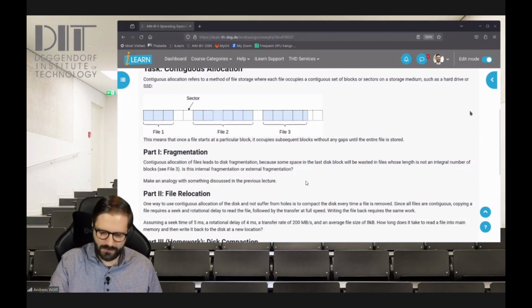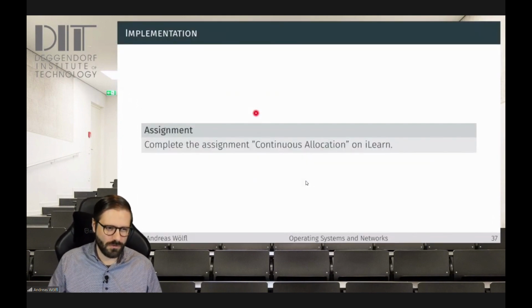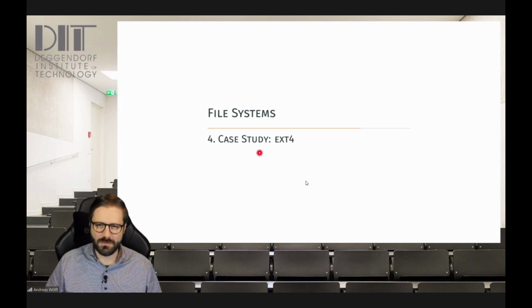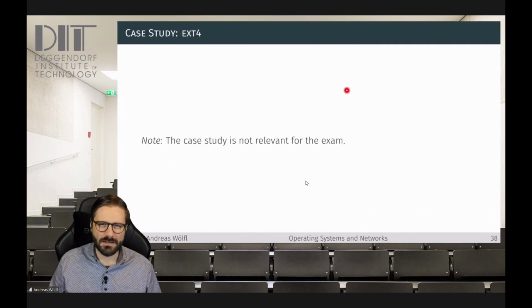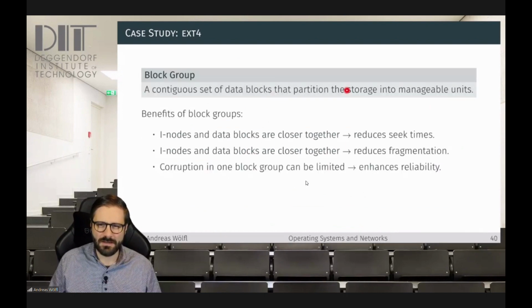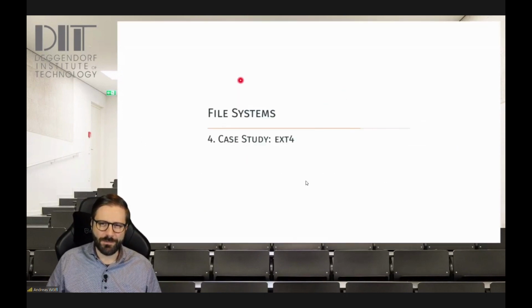For example, there is an excursus on the ext4 file system that we will not discuss because of time reasons. This case study is out of scope. It's not declared as excursus, but it will be excluded from the exam. I will maintain a list of what is excluded from the exam, and I will publish this list on iLearn at least 2 weeks before exam time.